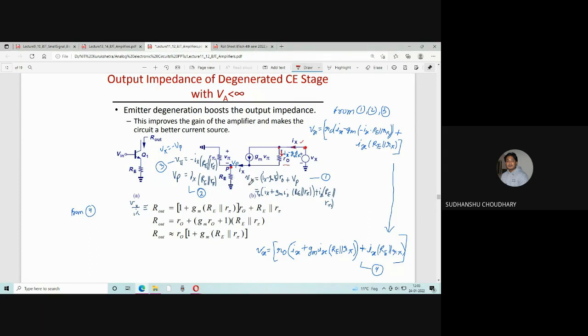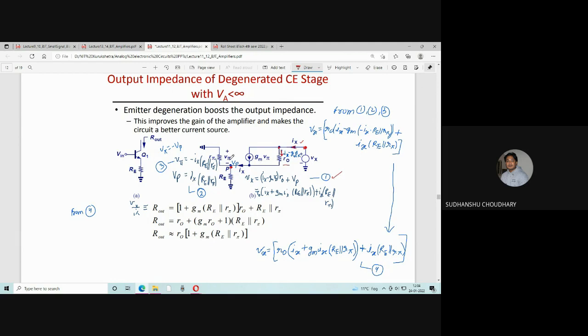So I can write equation 1: Vx is equal to (Ix minus gm V pi) multiplied by R naught plus Vp. Here the drop across Re is, let us say, Vp.